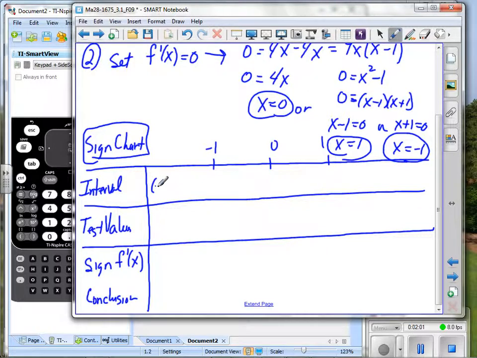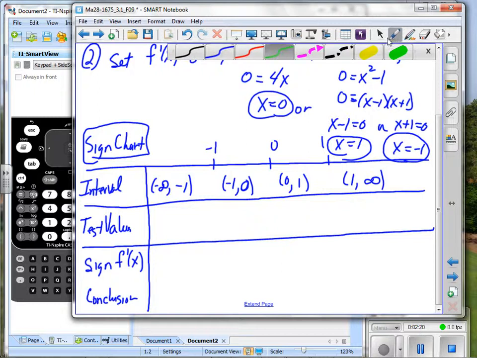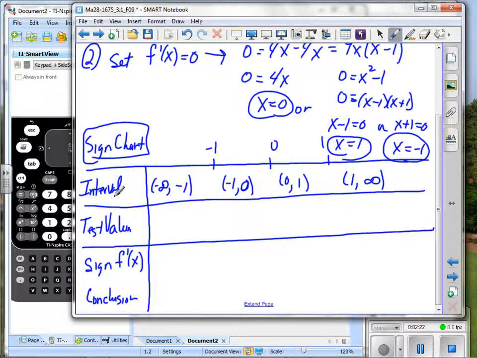I'm going to go from -infinity to -1, from -1 to 0, 0 to 1, and 1 to infinity. You might want to make that note. Are these inputs or outputs? You might want to put that in if you're not sure. These are input values here.